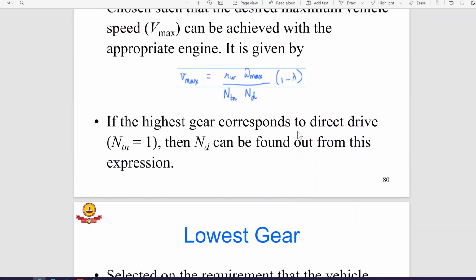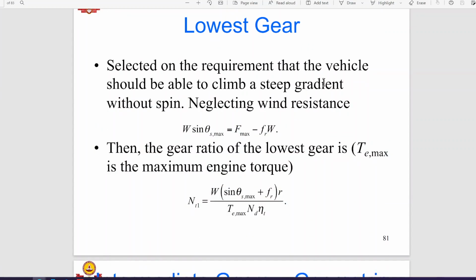In our case, we have been asked to put N4 equals 1 for the direct drive. Then we said that it is the highest gear. So if we put this as 1, we can calculate ND by taking Vmax here. Then we have the requirement of the lowest gear. The lowest gear is selected in a way that you should be able to climb the steep gradient. Here we have been given a requirement of 20% without any spin.